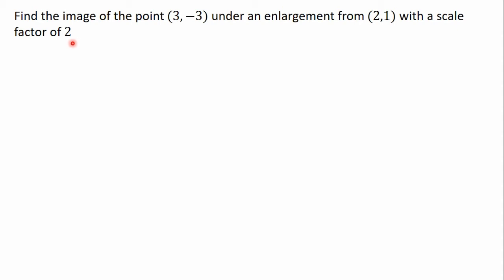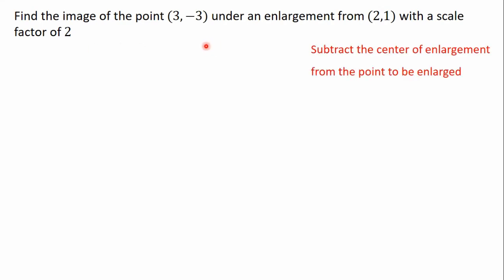We have learned that we are going to do this in 3 steps. The first step is that we will subtract the center of enlargement from the point to be enlarged. The point we are going to enlarge is 3, minus 3, and the center of enlargement is 2, 1. So we will subtract 2, 1 from 3, minus 3.